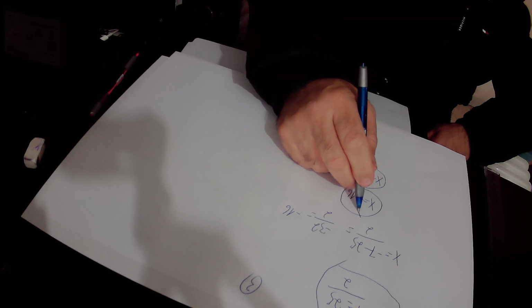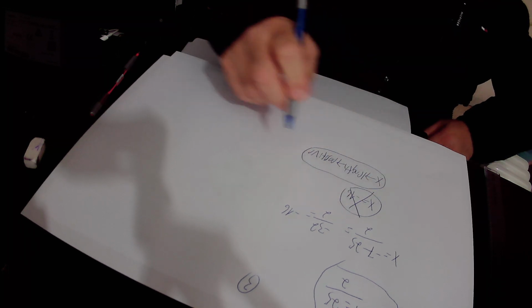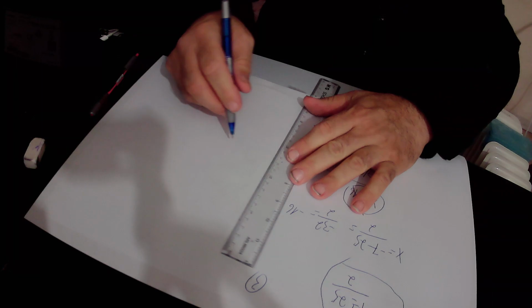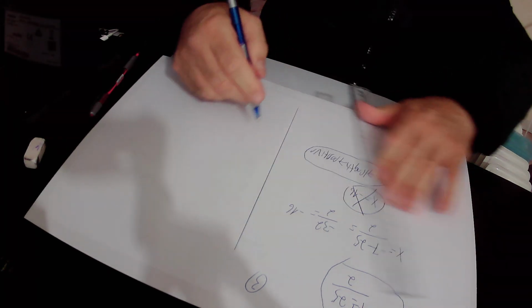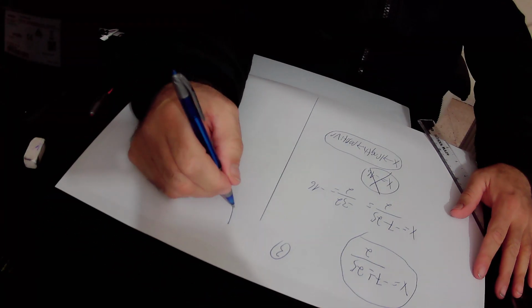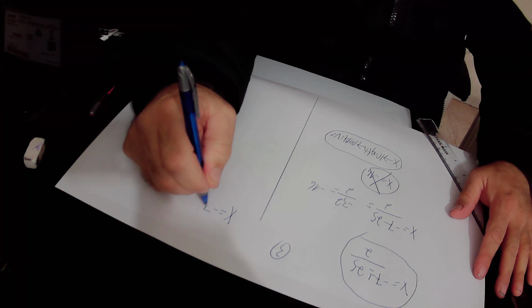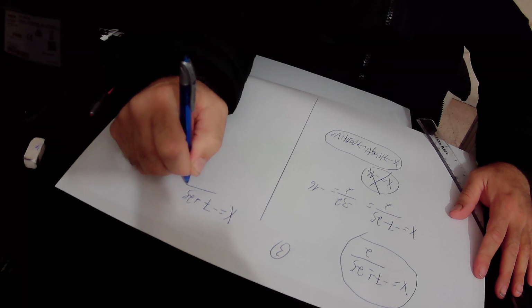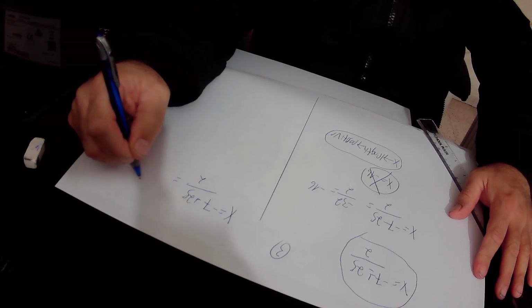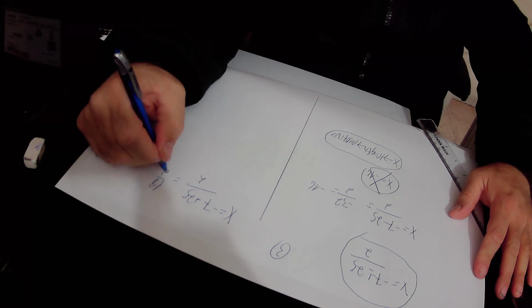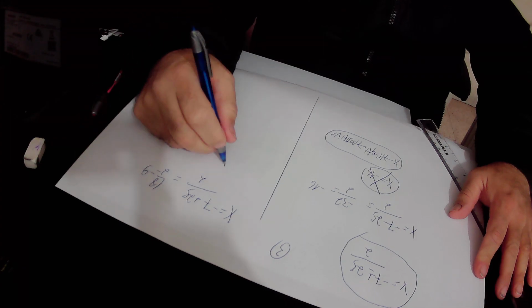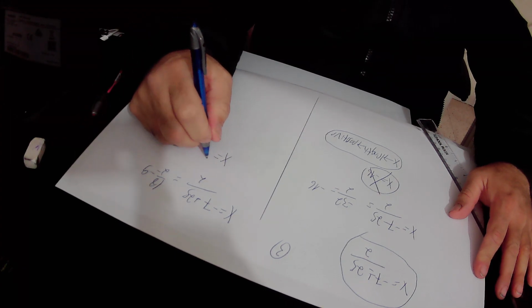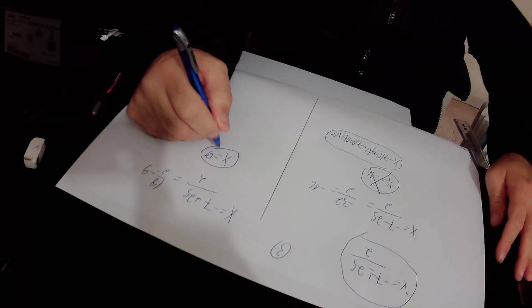X cannot be equal to any negative number, and we are left only with the second possible solution for x. The second solution for x is x equals minus 7 plus 25 over 2. 25 minus 7 is 18, and 18 over 2 is 9. So according to the second solution, x equals 9 units.